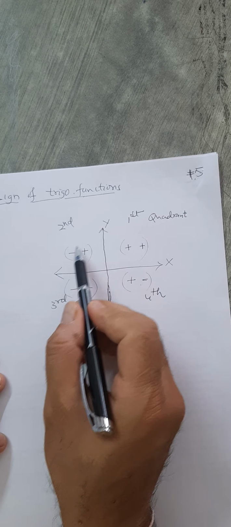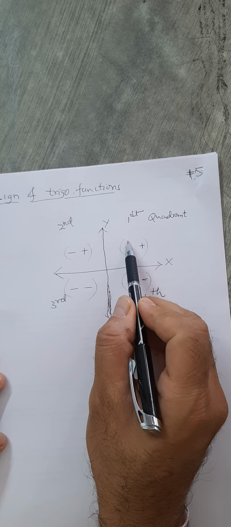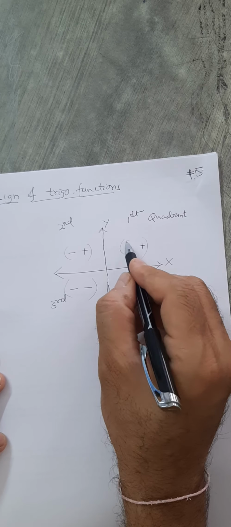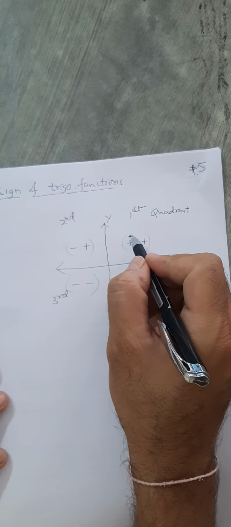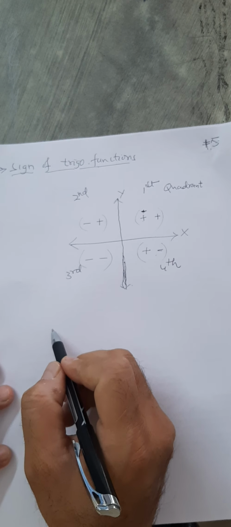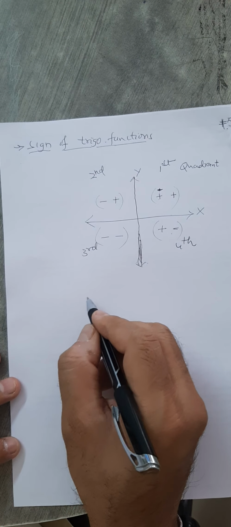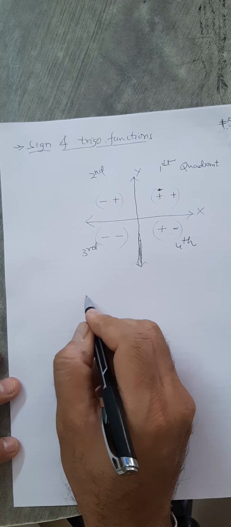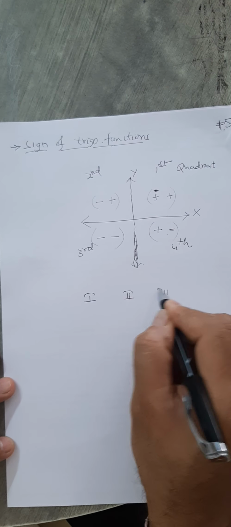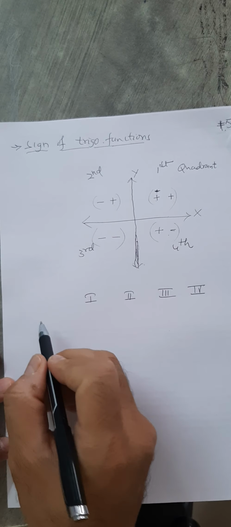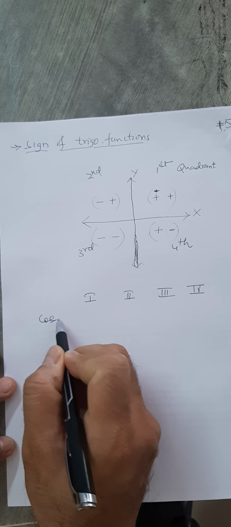Now when I imagine the unit circle here, the first coordinate is the cos function, so this is positive. In the first quadrant, cos is positive. If I write here, for example, quadrant 1, here 2, here 3 and 4, let me start with the cos function here.